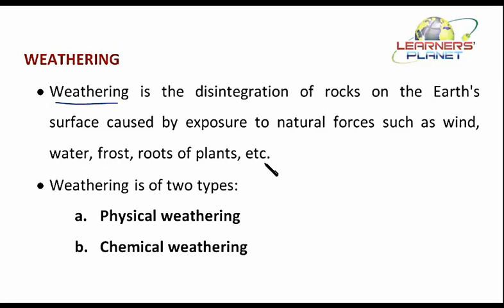And so there are two different types of weathering. First is physical weathering, second is chemical weathering. So now let us see what is meant by these two types of weathering.